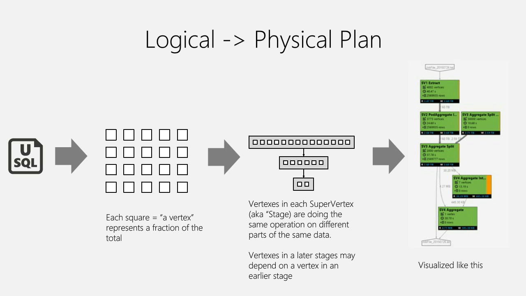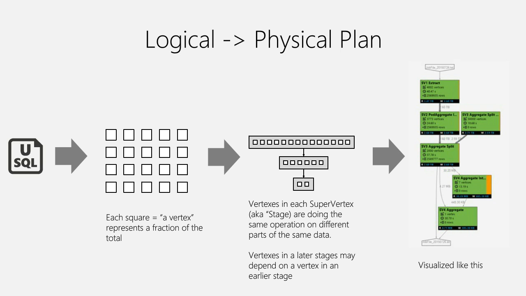All right. Like I said, a vertex represents a fraction of the total work that you've submitted, right? If you have submitted 10 GB of data in, let's say, hundreds of files, it creates hundreds of different vertices. So it is very important to understand your data yourself. Whether you submit 100 files or 200 files is completely up to you, right? Based on the files and based on the query, it then creates a set of super vertices.